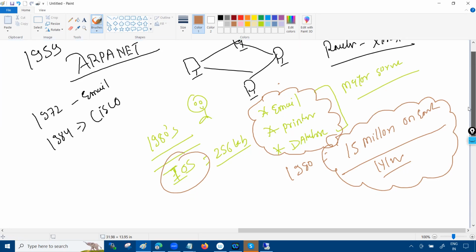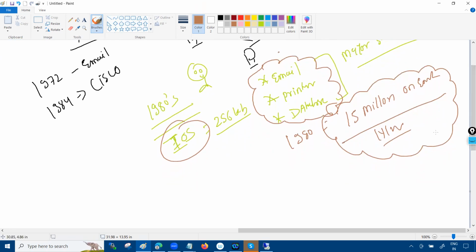Then if you come back to 1992 or 1993, in 1993 IP addresses were getting exhausted. They came up with the concept called classless. Whatever routing protocols we have, EIGRP, OSPFv2, BGP version 4, all the classless routing protocols came into the picture in 1993.